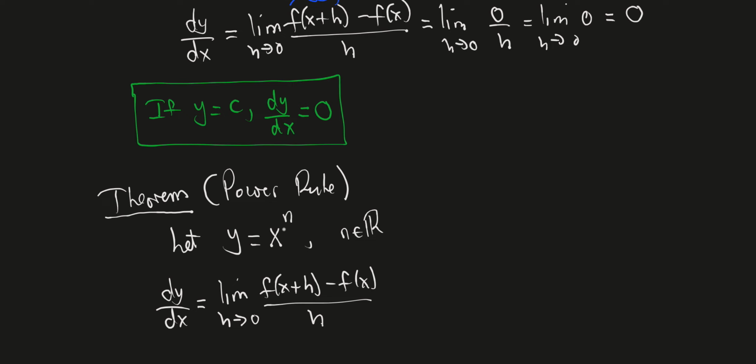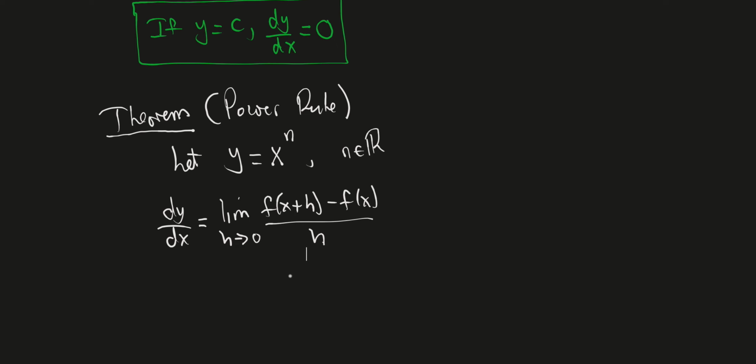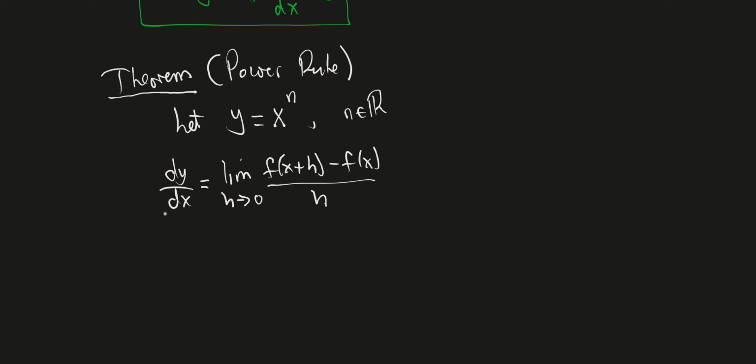So now I actually have an x in there that I'll have to replace with the quantity x plus h. So let's write down that next step. The limit as h approaches 0 of (x plus h) raised to the nth power minus x to the nth power, all over h.